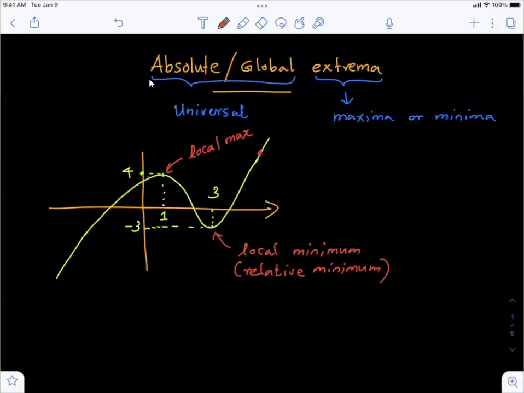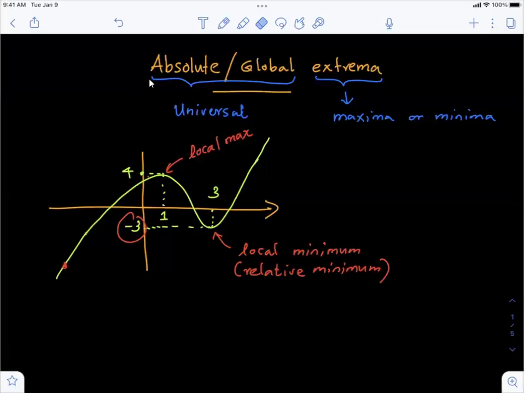So 4 is not a global maximum. On the other hand, -3, which is a minimum in that neighborhood, is not a global minimum, because there can be other values that go below -3.